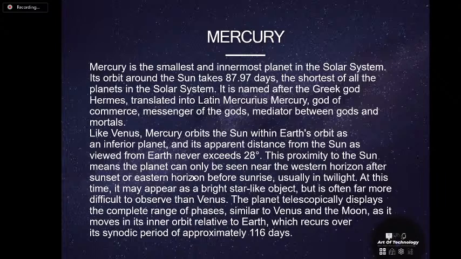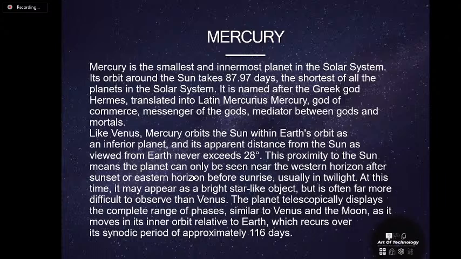Like Venus, Mercury orbits the Sun within Earth's orbit as an inferior planet, and its apparent distance from the Sun, as viewed from Earth, never exceeds 28 degrees. This proximity to the Sun means the planet can only be seen near the western horizon after sunset or eastern horizon before sunrise, usually in twilight.